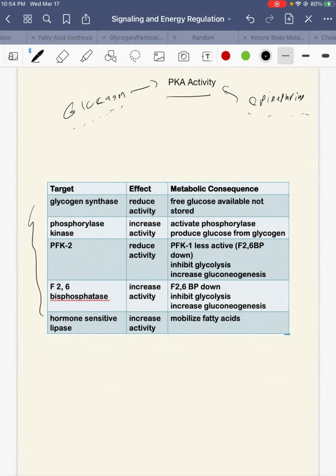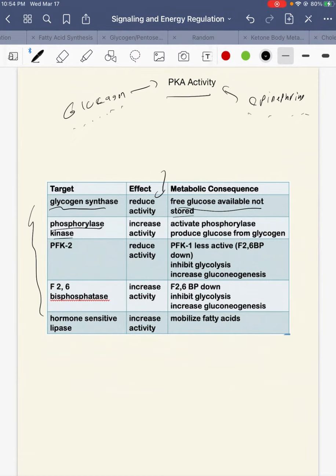We don't want to run glycolysis. So we just want to run stuff that makes energy for the cell or makes glucose to upregulate blood glucose levels. So glycogen synthase uses glucose to make glycogen. So we probably want to reduce the activity of that since we have low blood glucose levels. So free glucose is not available to be stored.